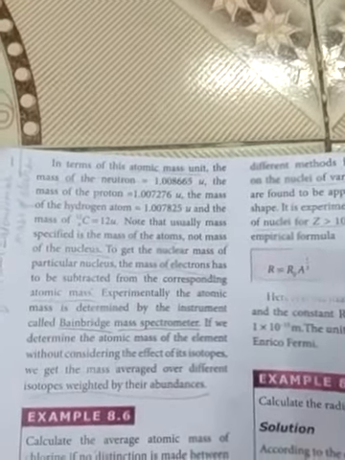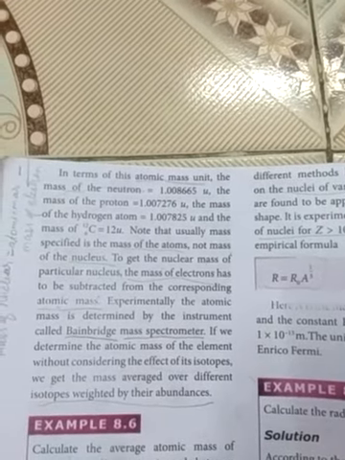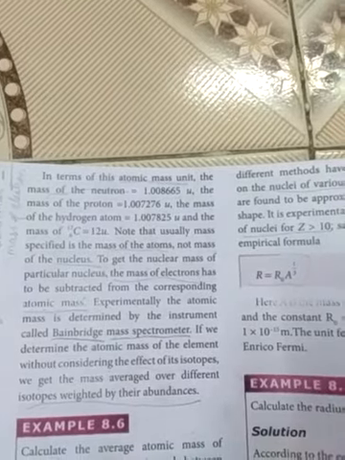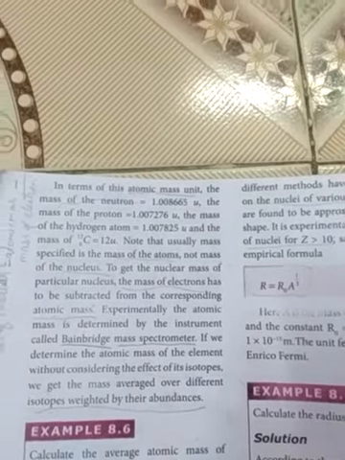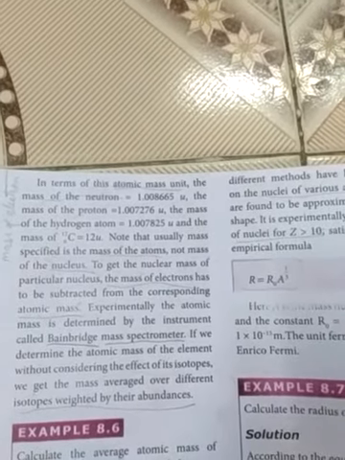If we determine the atomic mass of an element without considering the effect of isotopes, we get the mass averaged over different isotopes weighted by their abundances.